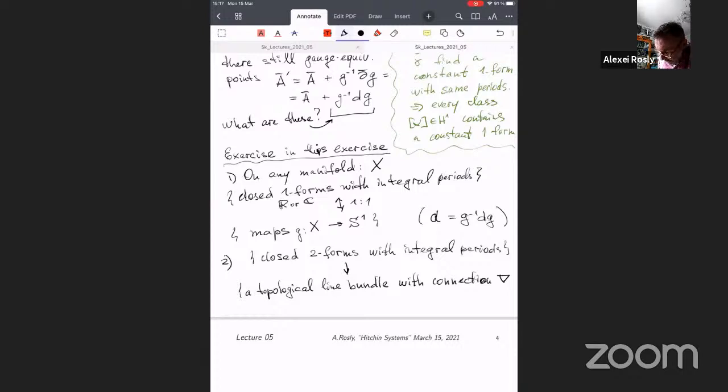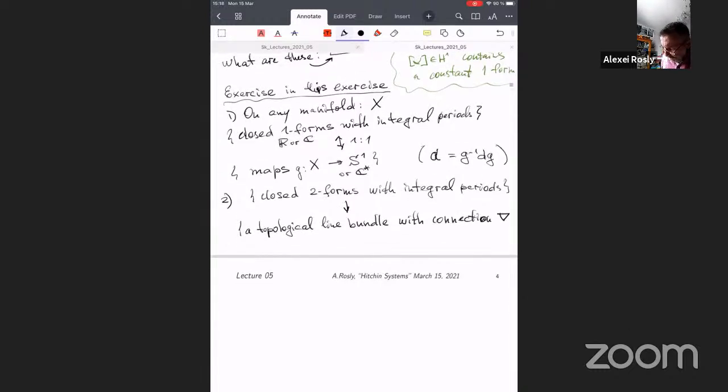It would be more natural, by the way, to write here i R, the imaginary axis, but I won't do this. And then the correspondences are with maps either to S1 or to C without 0. Here it's the same.